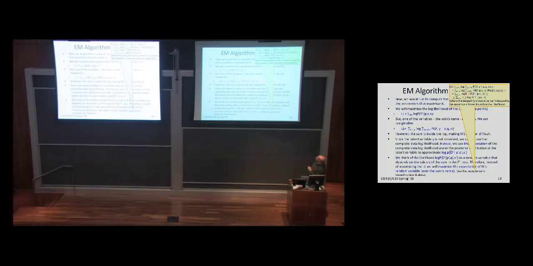This is P of A, B, given something, right? That's what's written at the top. P of A, B typically is P of A given B times P of B. So that's what I'm writing here. So let's call this B, A. P of B, A is P of B given A times P of A. Okay? I just did a very simple thing.